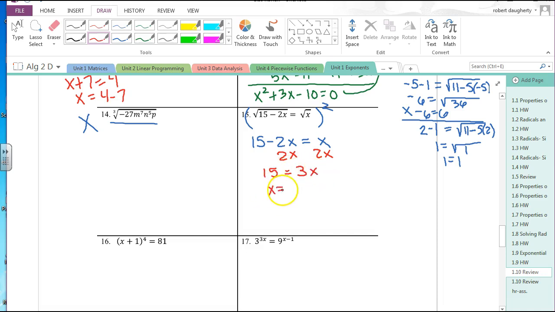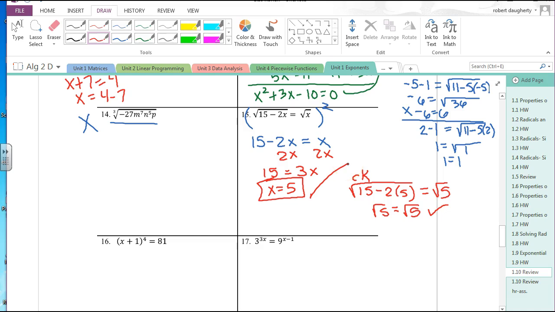Therefore, x is equal to 5. I will check that answer. Does 15 minus 2 times 5 equal square root of 5? This is 15 minus 10, square root of 5 equals square root of 5. Yes, that is true. So this is my solution.